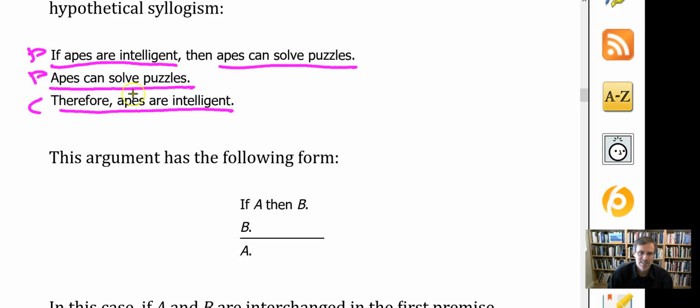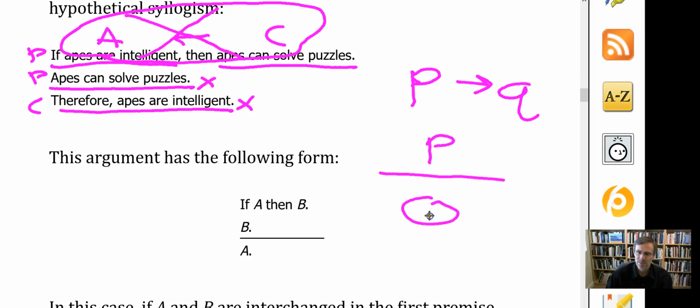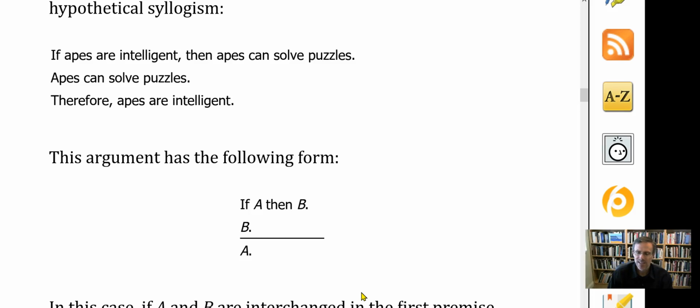What we state is true here, apes can solve puzzles, is actually the consequent. And then we're inferring from the consequent to the antecedent. This way of arguing doesn't work. It's an invalid argument form. The valid argument form, right, is if P, then Q; P; conclusion Q. And it can't go in the opposite direction and remain valid.